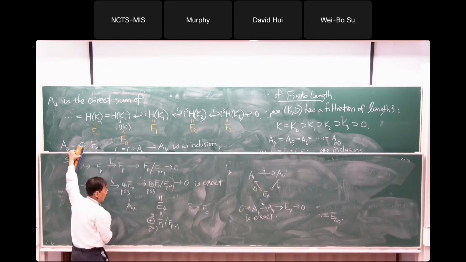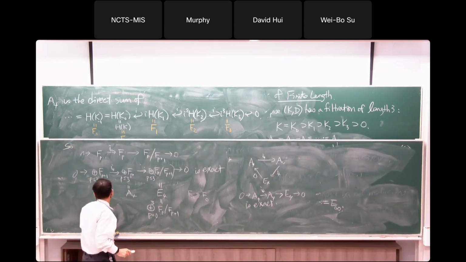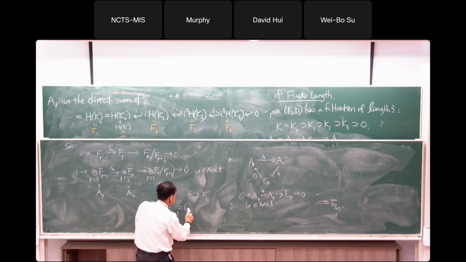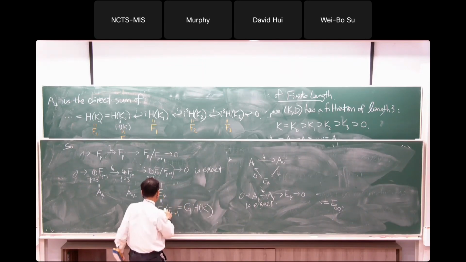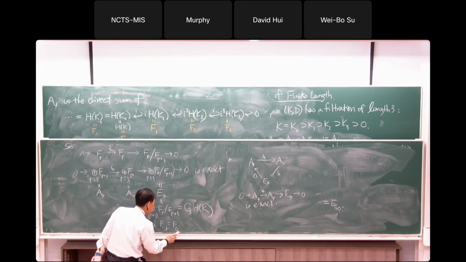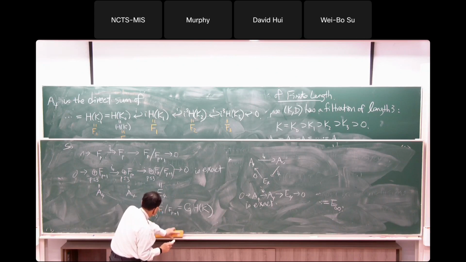Okay? So thus, this is the associated graded complex of H of K with respect to the induced filtration. So here, since f minus 1 equals f0, f0 is f minus 1 equals f minus 2.